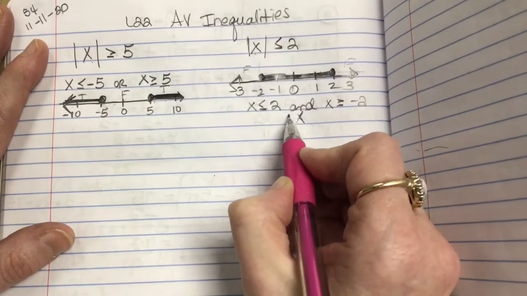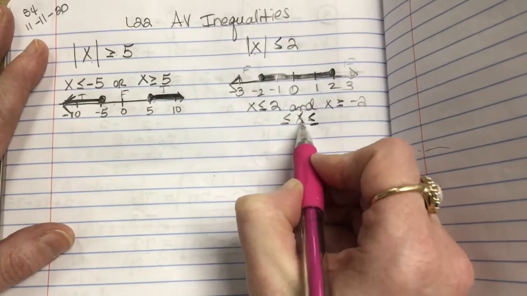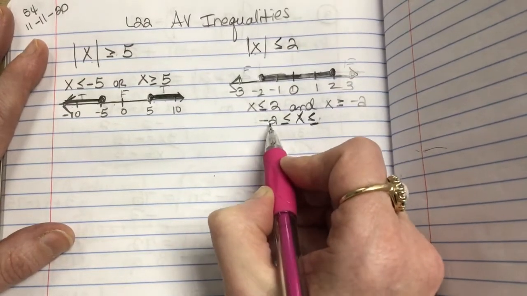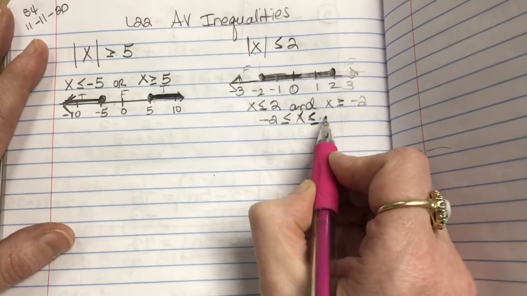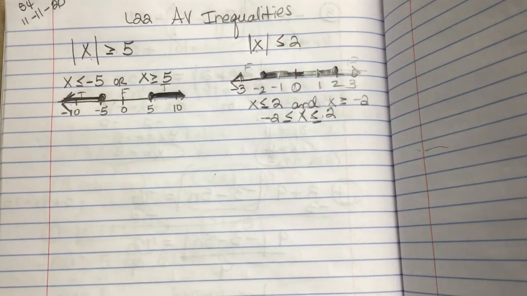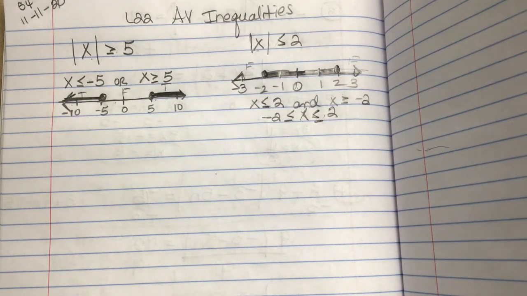I prefer, and most math teachers prefer, like we did with domain, the between statement: from negative 2 on the left, just like a number line, to positive 2 on the right. You are really doing the domain of it. What x's will work. So that's why it looks like domain.